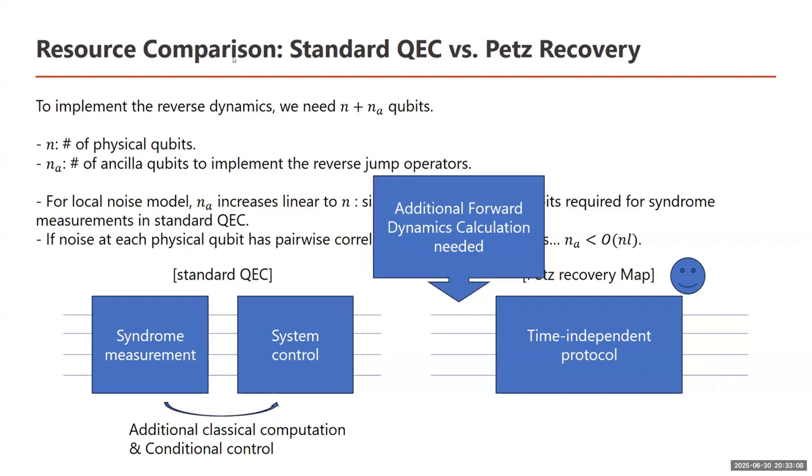For the standard QEC, it uses digital computation and control, but the Petz recovery map depends only on analog modulation and techniques. So if the platform is suitable for analog techniques, then I think it would be much better to use the Petz recovery map.